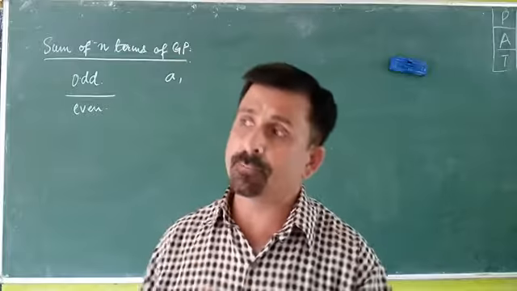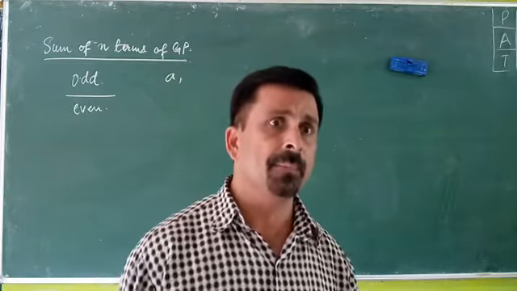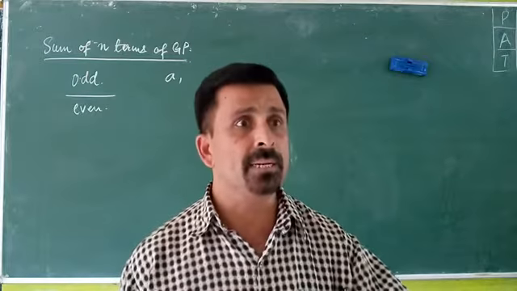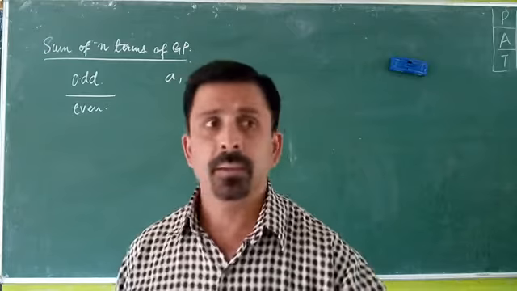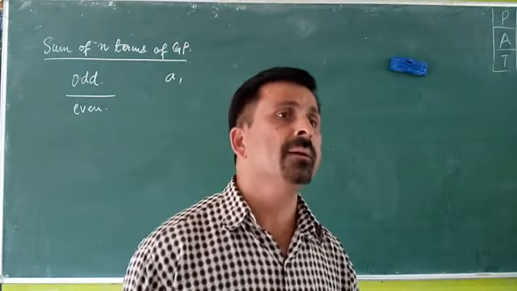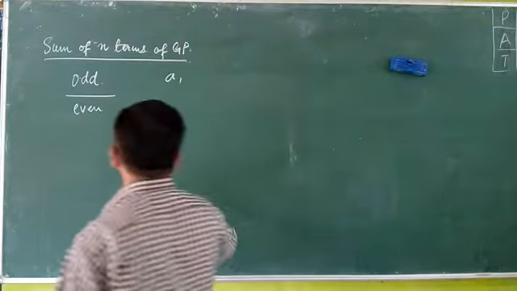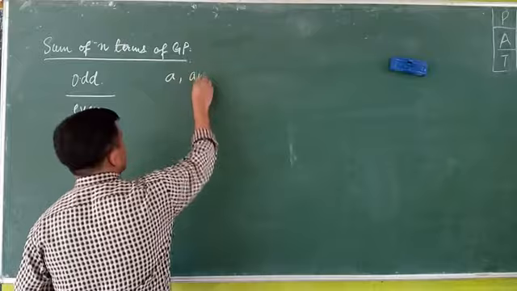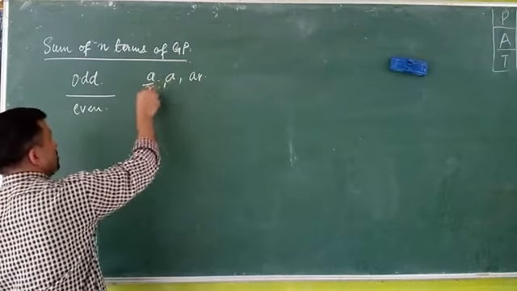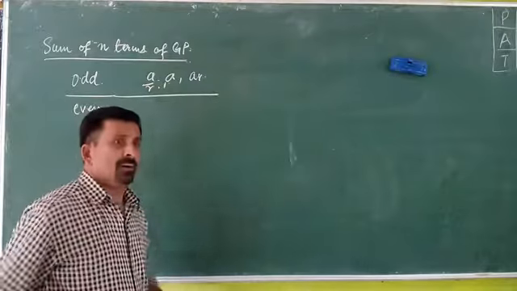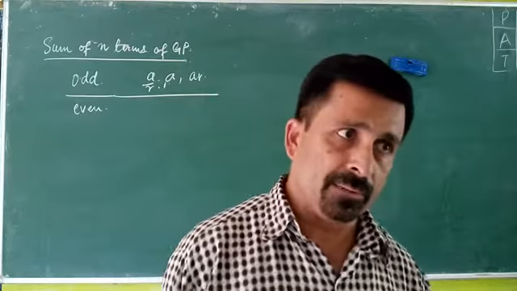After having the middle term, the next term you get by multiplying by R, and the preceding term you get by dividing by R. This is how we get the terms for geometric progression.